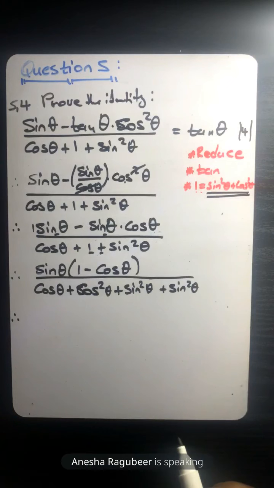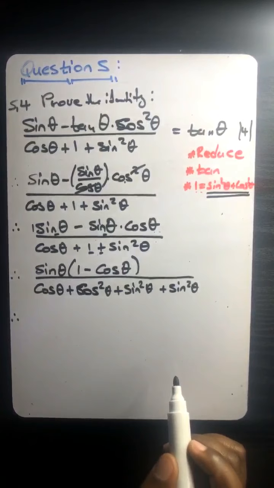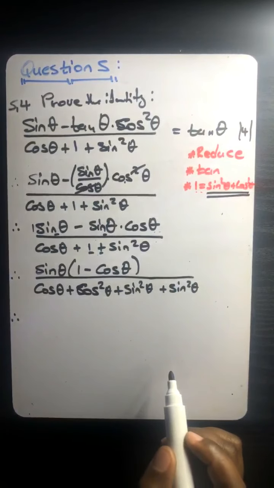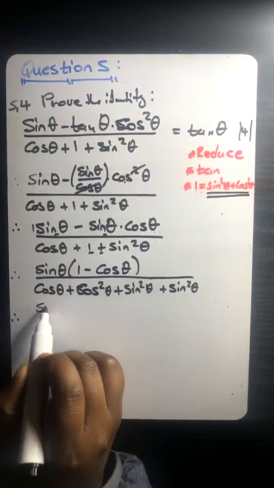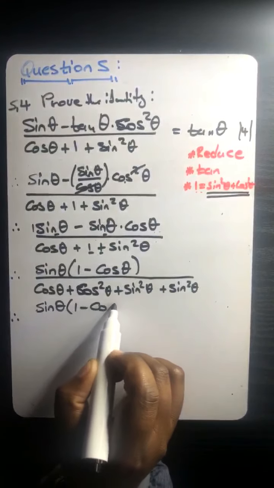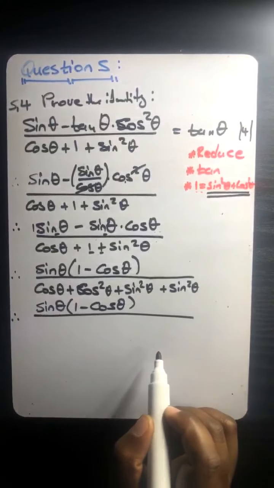Yes, sir. Okay. Let's now try to continue. So we still have sine of that plus a 1 minus cos of that, all over.